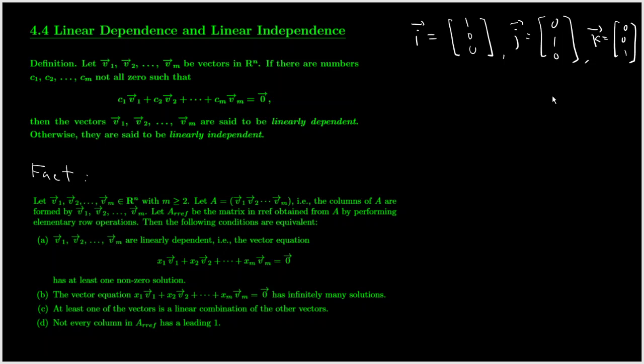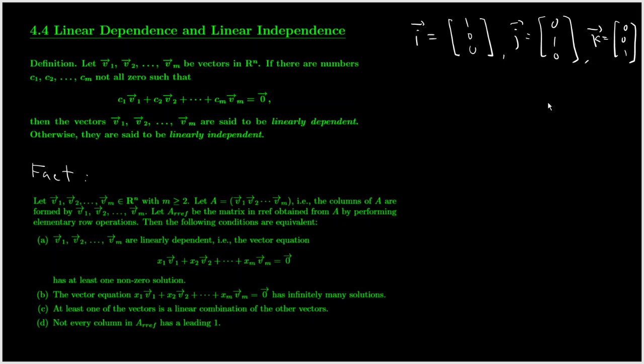I will show you one other particular case. How about I replace k with one other vector? Now I'm going to rewrite everything. Now let's consider the following set of vectors.